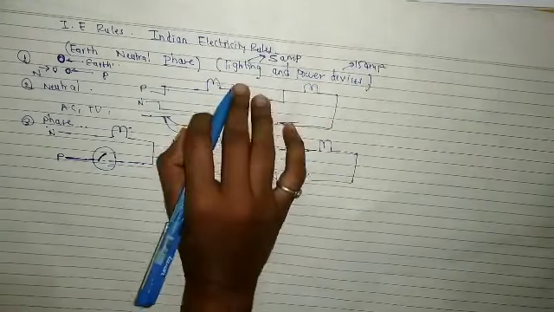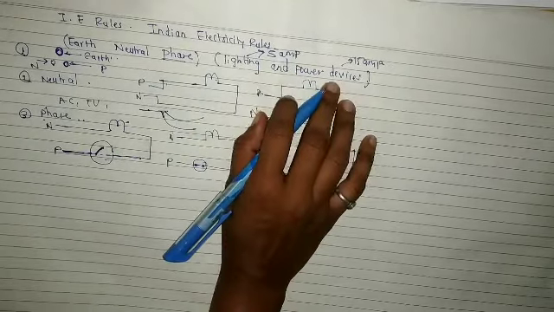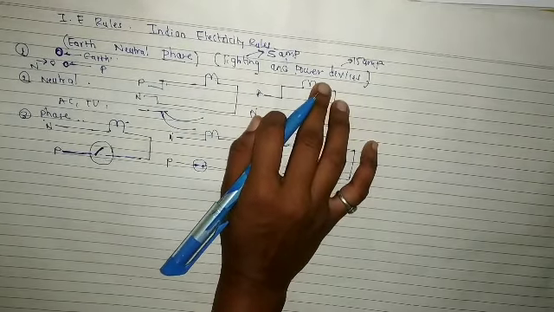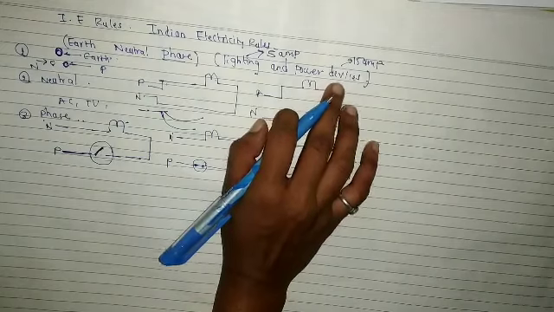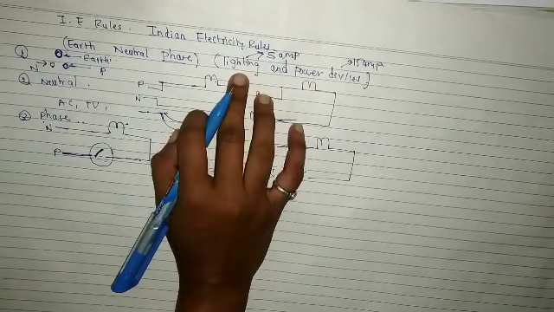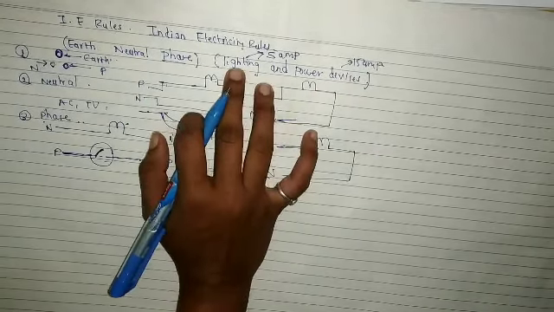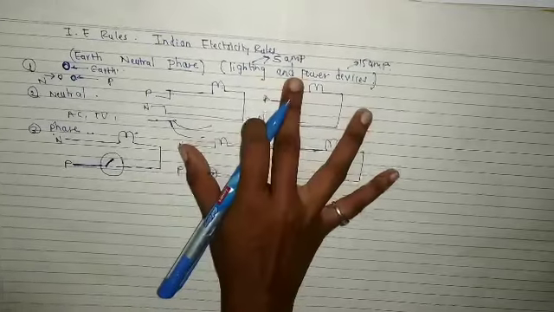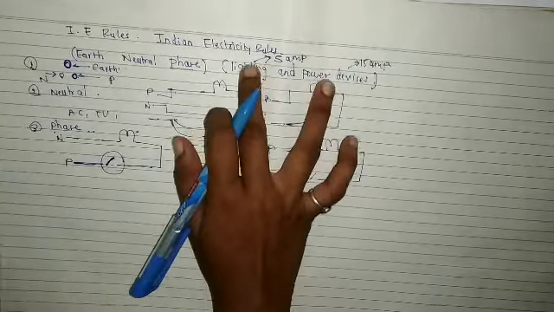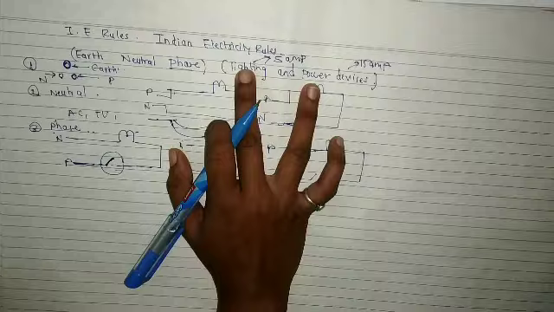So power devices like AC and fridge, and lighting devices like fan and bulb. So these both must have different circuits.